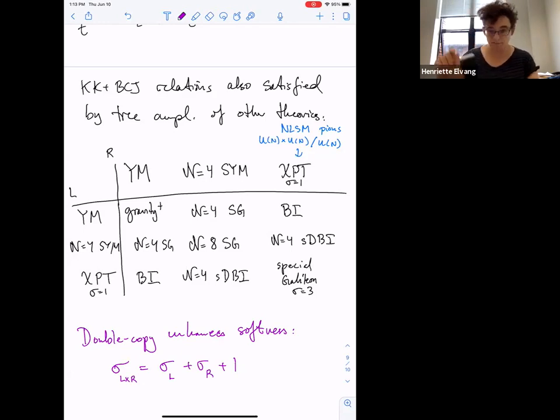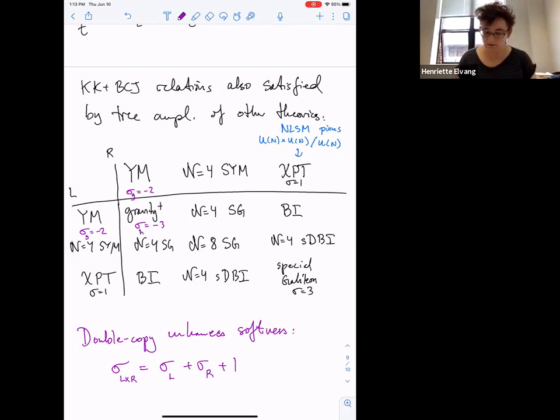So they have a 1/p, but really a 1/epsilon squared, right? So we should really think of that as sigma equals -2. And -2 plus -2 plus 1 is -3. And we saw exactly in the soft graviton theorems yesterday that gravitons have a 1/epsilon cubed at leading order. There are many other examples of this in supergravity. There, for example, this is actually for the gluons and the gravitons.